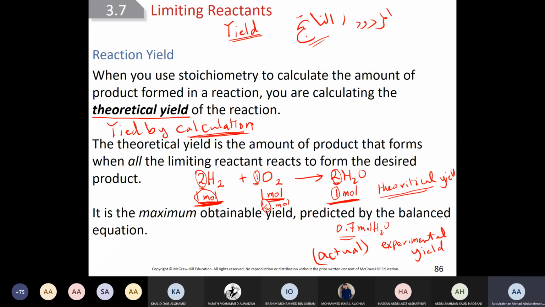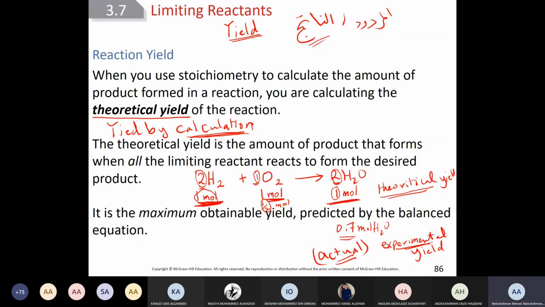Is it going to be 0.7 or 0.8? I don't know. It depends on the experiment, on the person who's doing it, and on so many things. That's why the actual yield is not exact, and it's different from one person to the other.